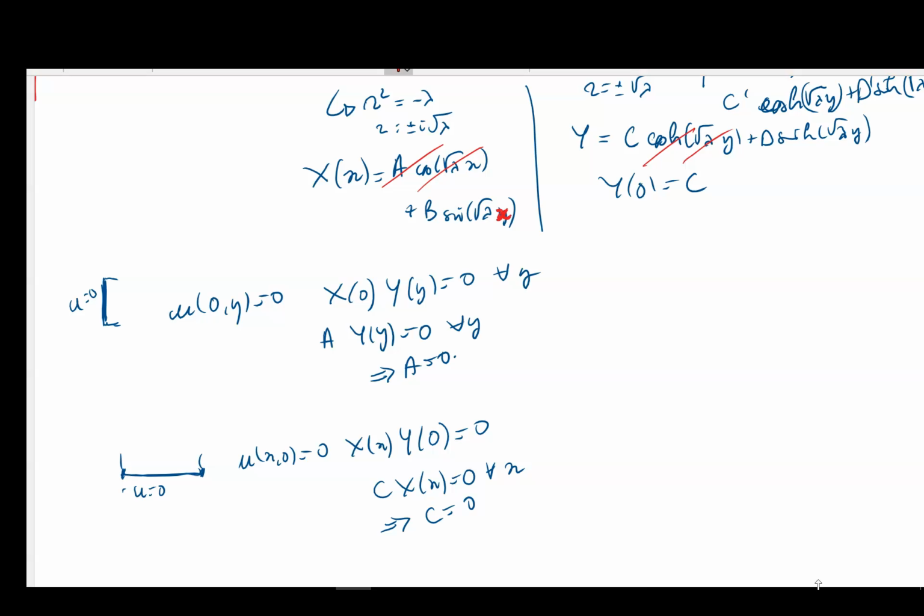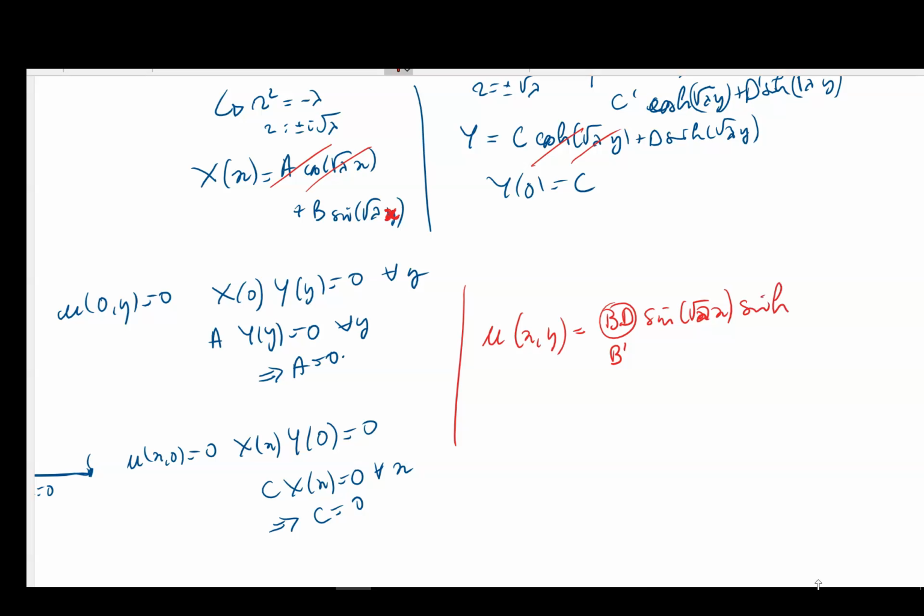So let's write it. u of x, y still depends on lambda and my constants. It's just going to be b times d, making a big constant, so let's call that b', times sin of square root of lambda times x times sinh of square root of lambda times y. What else do I have? I have that u of x, 1, meaning the top part of the vessel, is also kept at 0.